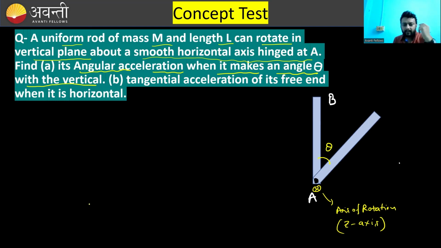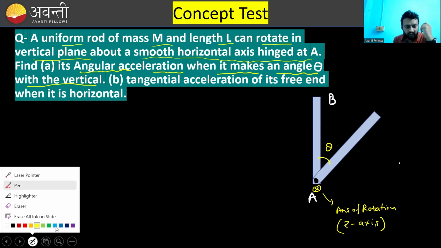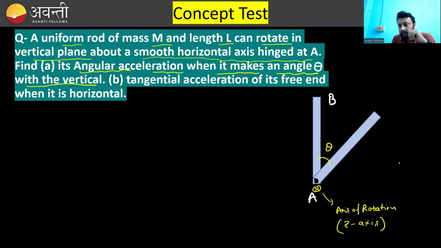Again, what you need to do: first of all, I'm not doing anything. Who is pulling it down? Gravity is pulling it down. So first thing I will write is tau is equal to I alpha.